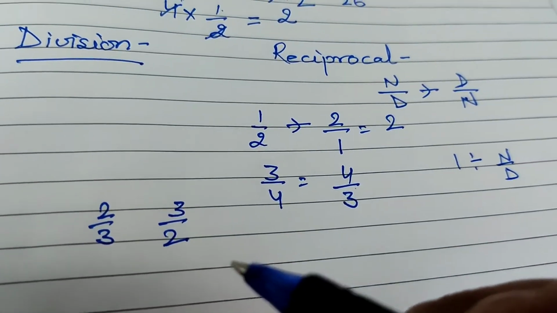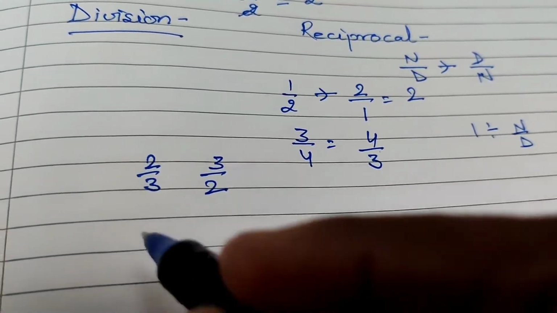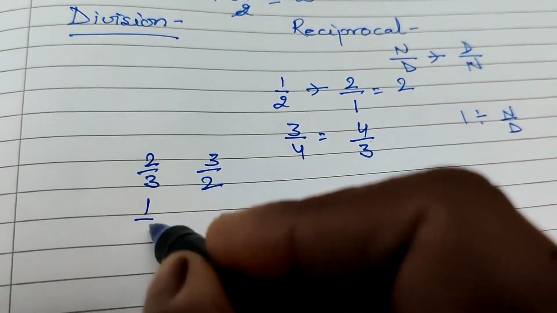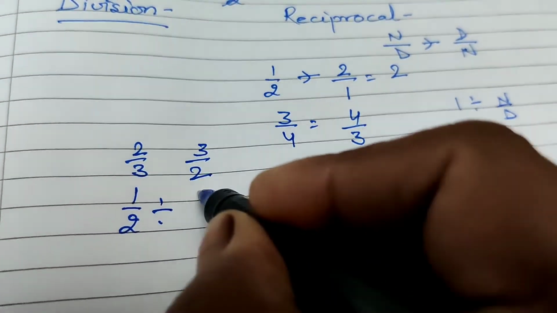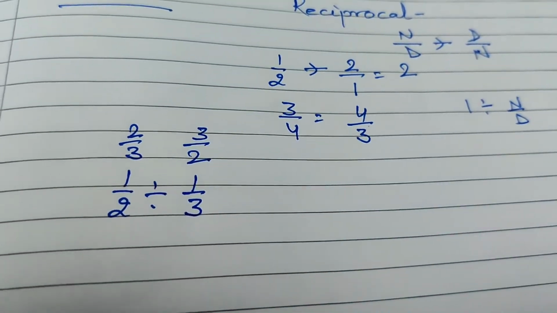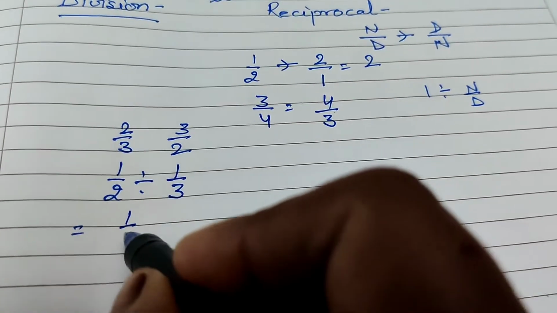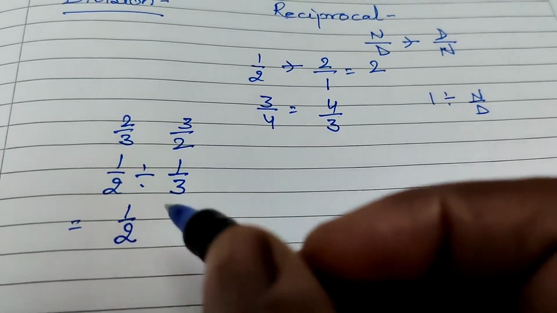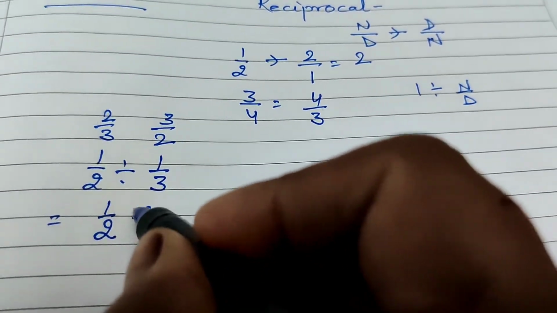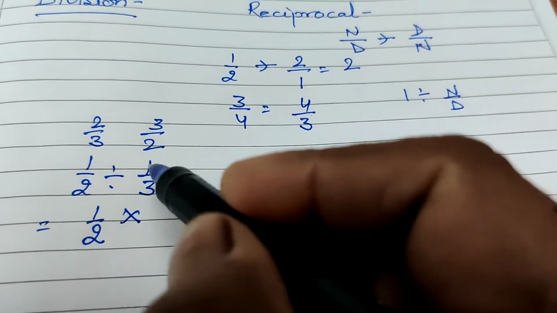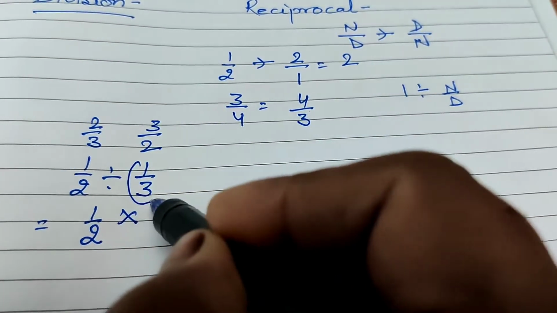Okay. Now the divisions. 1 by 2 divided by 1 by 3. How will you divide? In the first step, first write the first fraction. Division converts into multiplication. And the reciprocal of the second number.